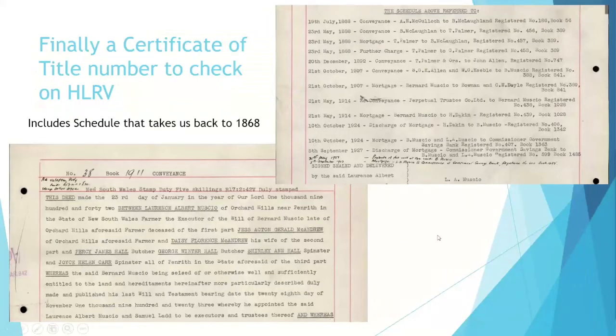So here we finally have gone to HLRV and looked at our certificate of title, and it's a 1942 document, and it gives us a schedule which takes us back to 1868.